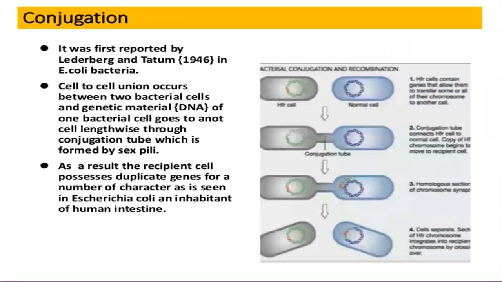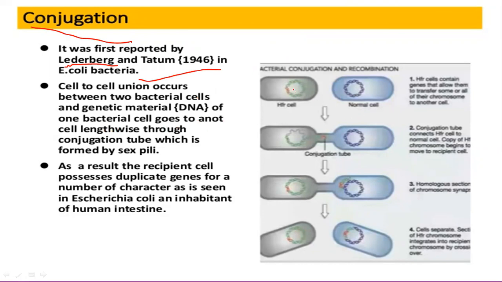Now we will see conjugation. Conjugation was first reported by Lederberg and Tatum in 1946 in E. coli bacteria. Conjugation takes place only between bacteria of the same or closely related species. What happens is that cell to cell union occurs between two bacterial cells, and genetic material of one bacterial cell goes to the other cell.